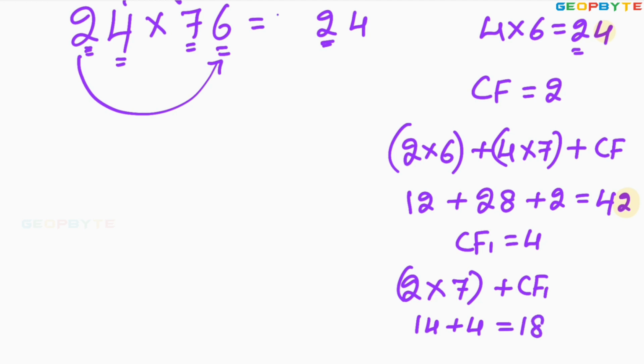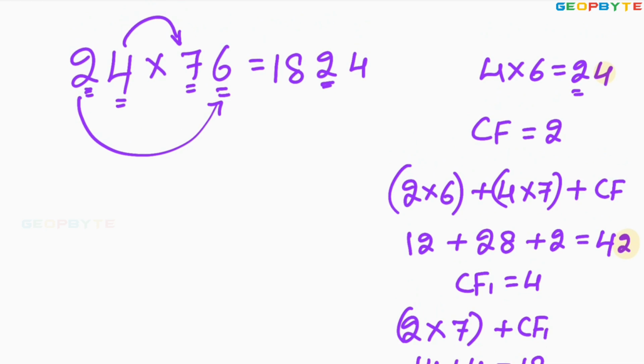You put that 18 here for getting the answer. So 24 into 76 is equal to 1824. I hope you clearly got it. You practice it. With practice, you can do this multiplication very quickly.